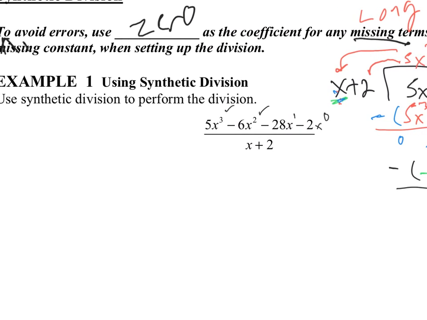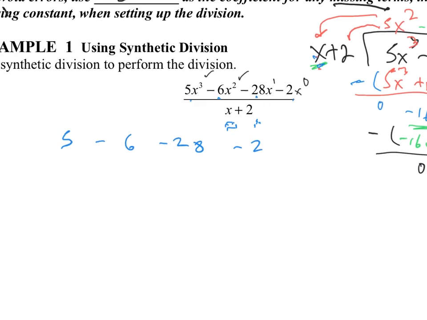I'm going to show you synthetic division. So much superior than long division. But synthetic division works only when your bottom term is a binomial, like x plus 2. Here's how you do it. You only use the coefficients: 5, negative 6, negative 28, and negative 2.